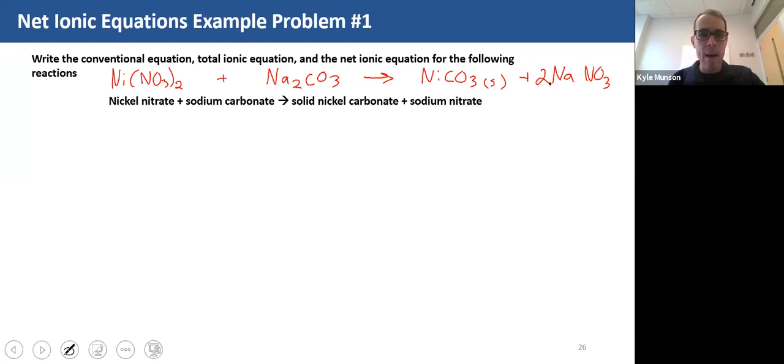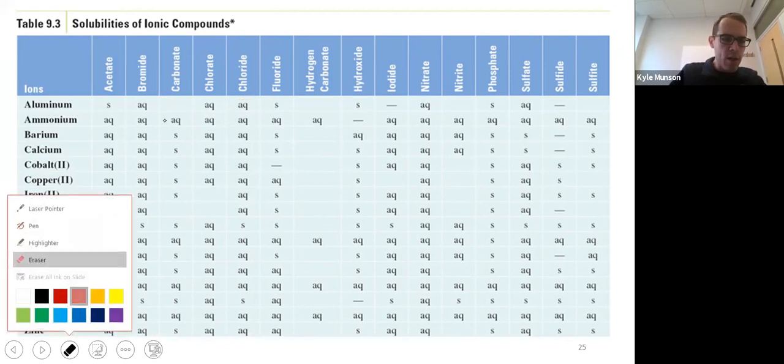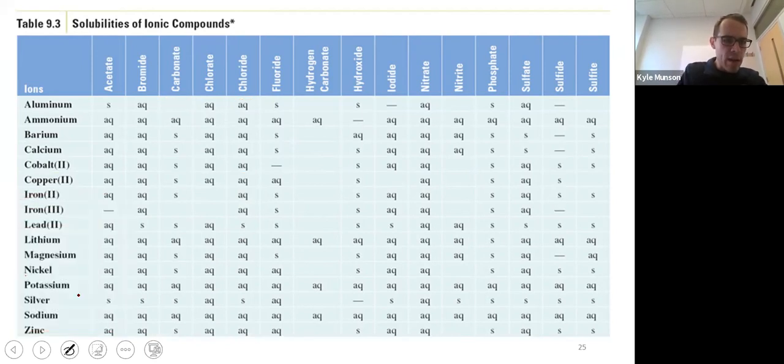Okay. Now, I notice I didn't write the state symbols under the nickel nitrate and the sodium carbonate. So you can go back here. I'll just erase what I wrote already. Okay. So you look on the chart, like I said, you say, all right, nickel is here and nitrate is right here. That is going to be aqueous.